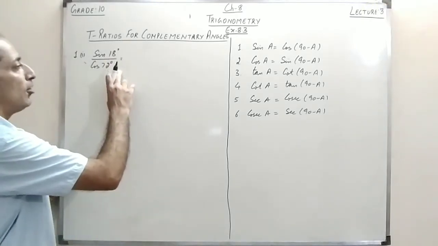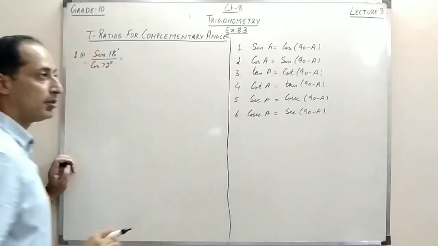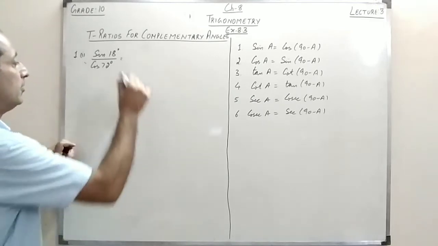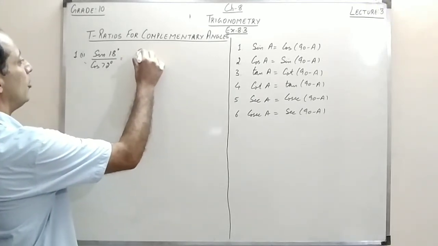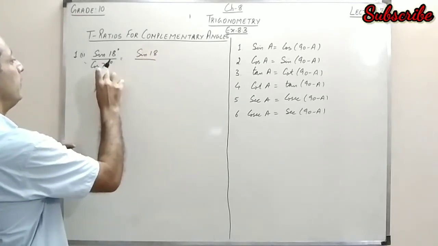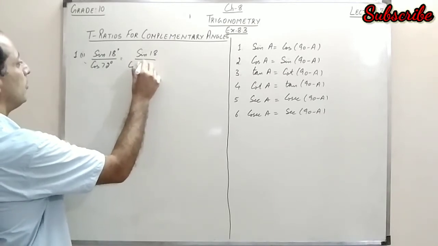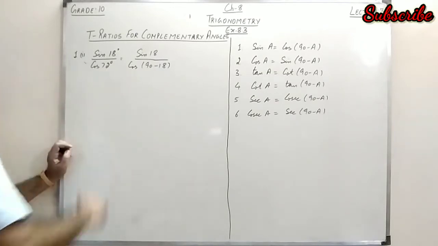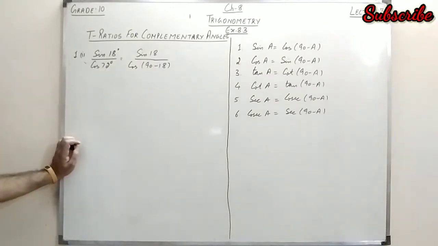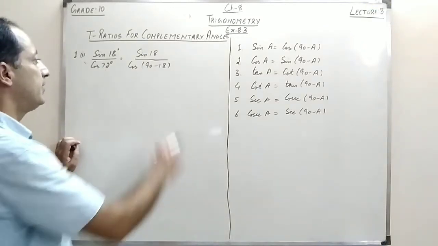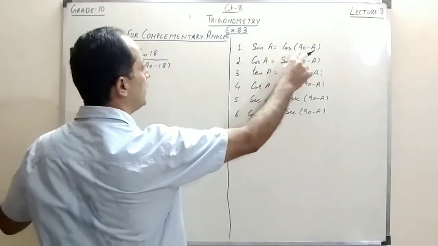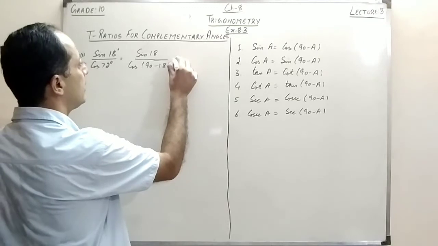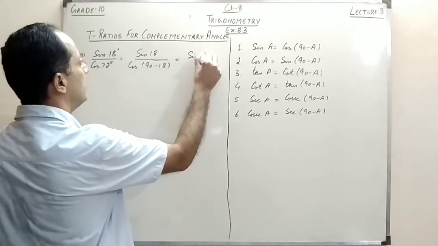Since this is sine and cos, and we know there is a relation between sine and cos, you have to change only one angle, not both. So, I write the denominator: this 72 can be written as cos of 90 minus 18. It means if I use the relation, cos 90 minus A is equal to sine A.